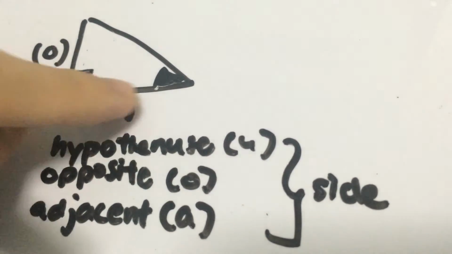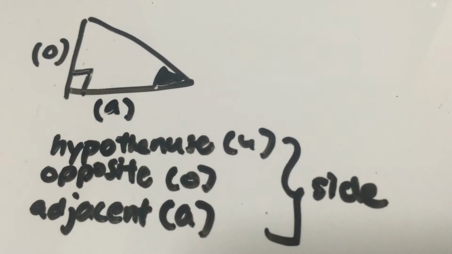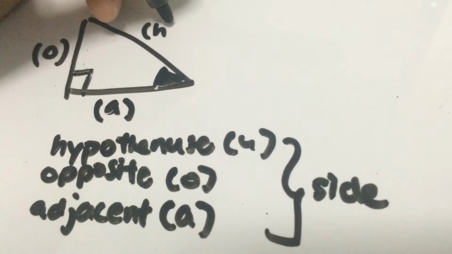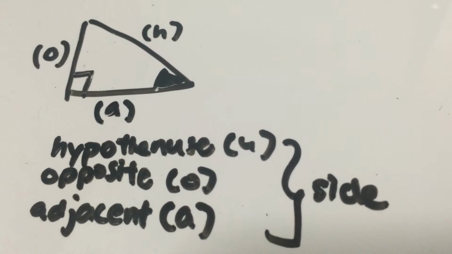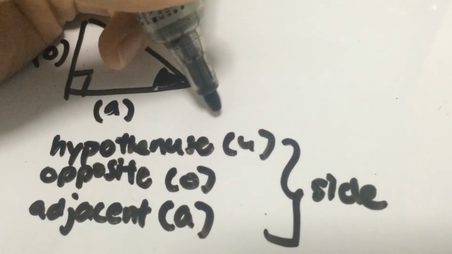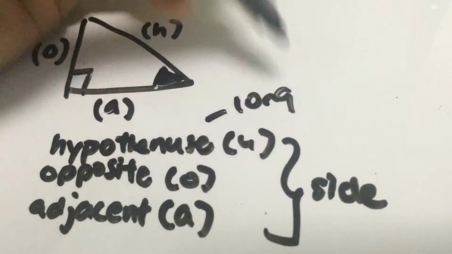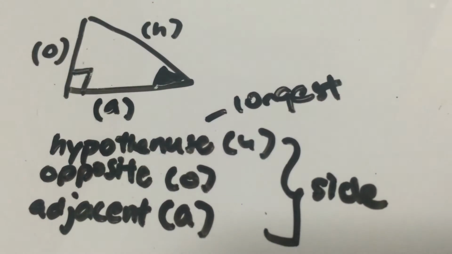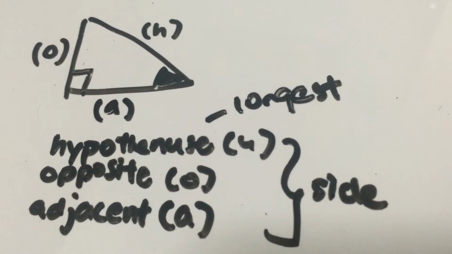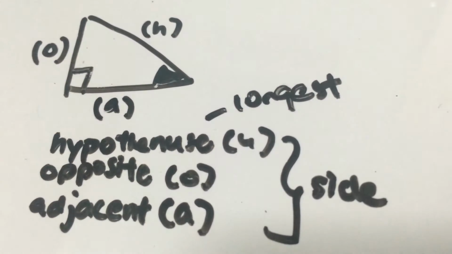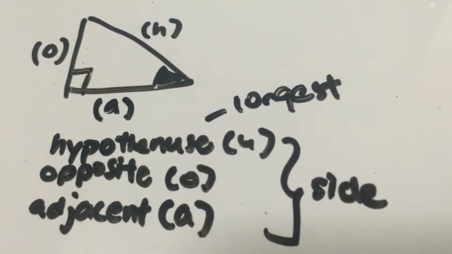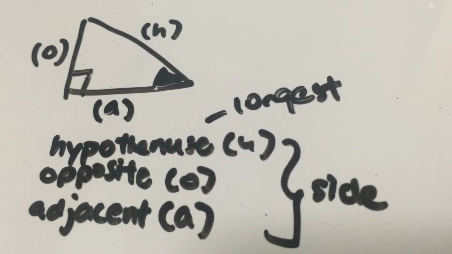And of course, H, the hypotenuse side, is always the longer side. While the opposite side is the side that is opposite of the angle that is indicated, the adjacent side is neither the opposite side nor the hypotenuse side.